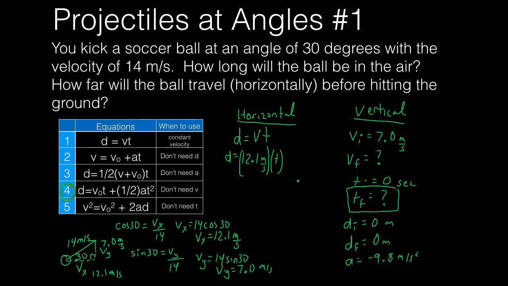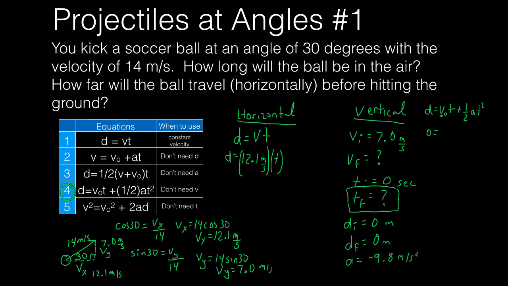I'm going to rewrite equation number 4. Displacement vertically is equal to velocity initial times time plus 1/2 acceleration times time squared. We know our displacement vertically was 0, so I'm going to plug a 0 in for d.